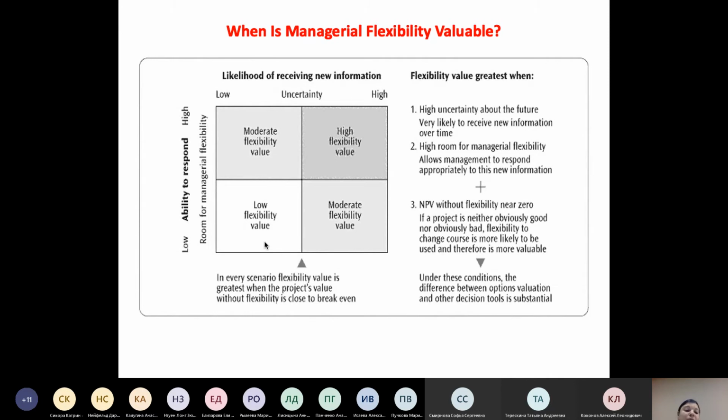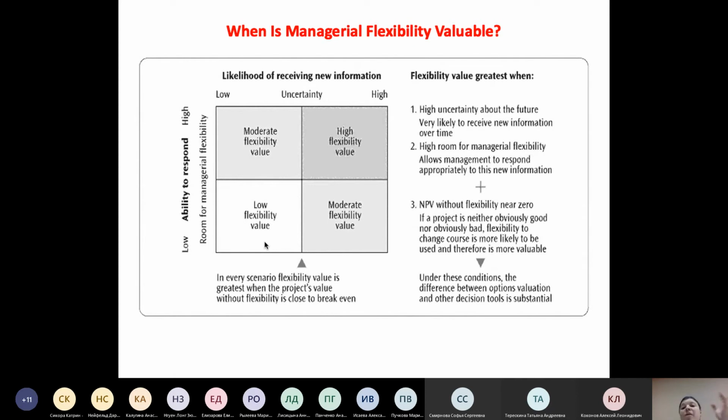And in the situation when our net present value is not negative or positive, our net present value equals 0, certainly a good piece of advice for us is finding the opportunities of our company, the flexibility of our company, and certainly to react to this flexibility.